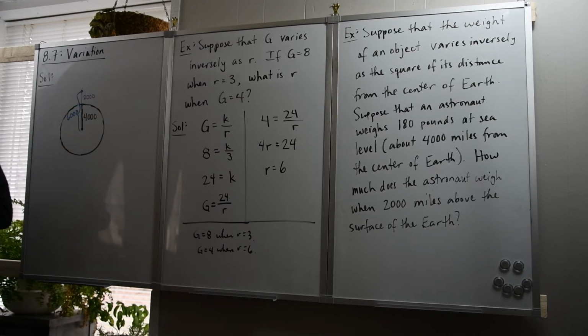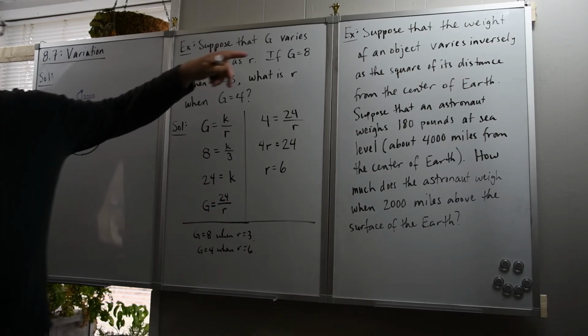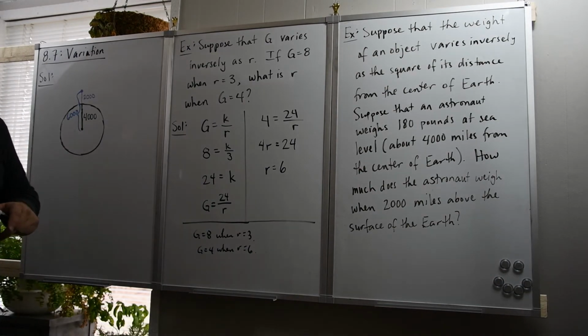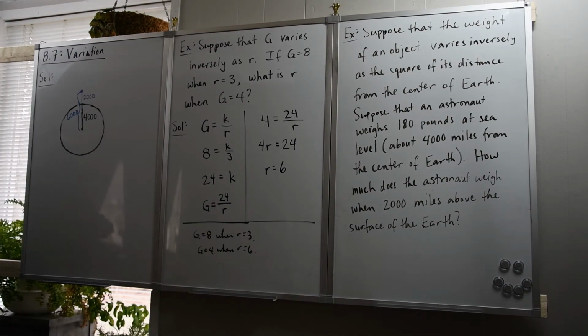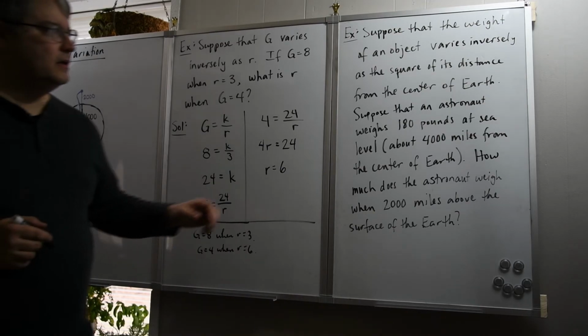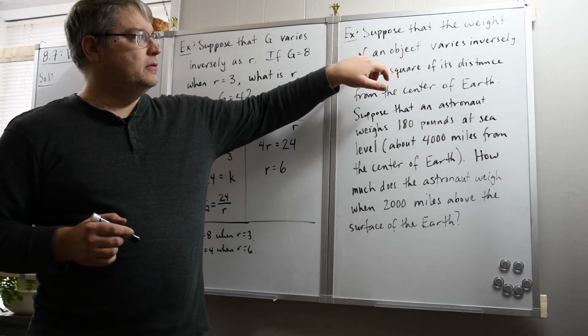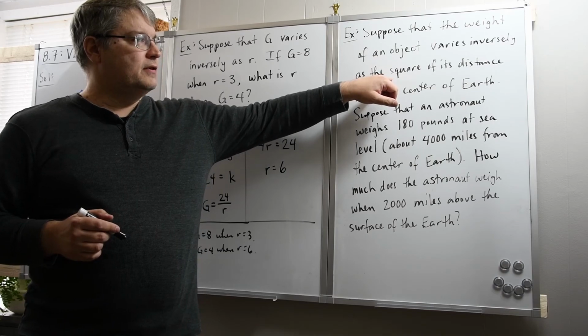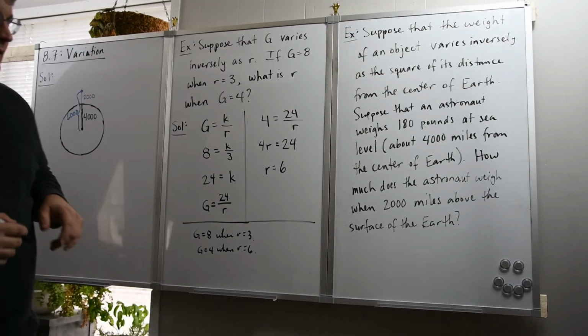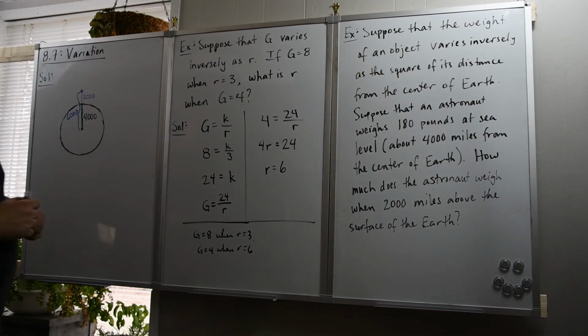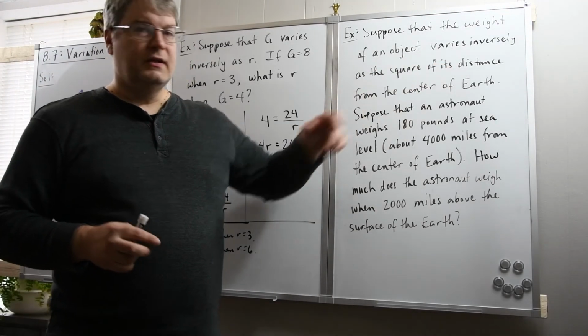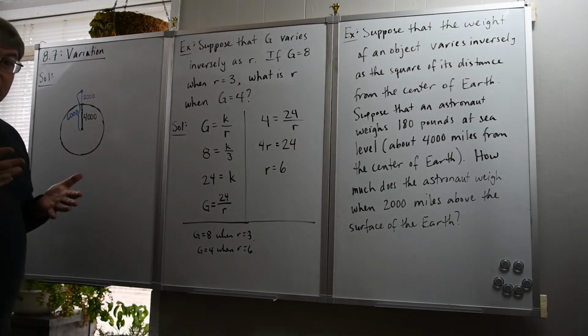Now let's go back to the very first part of this example. Suppose that the weight of an object, well, let's have some sort of variable that represents the weight. We'll call it W. So let's say the weight W of an object varies inversely as the square of its distance. If we call the distance d, then the square of the distance is d to the second power.